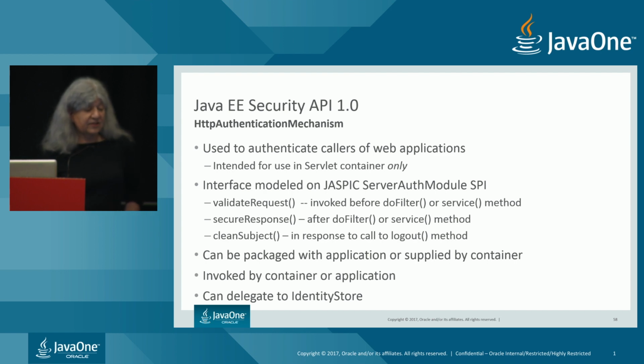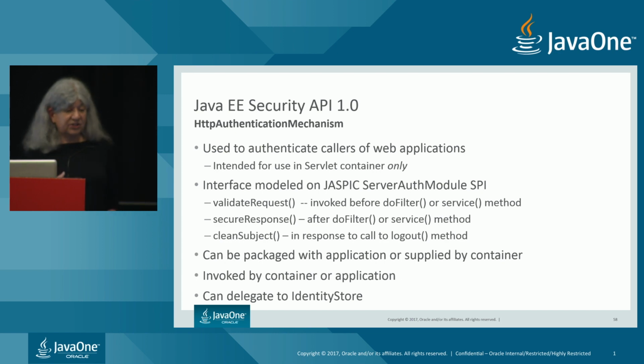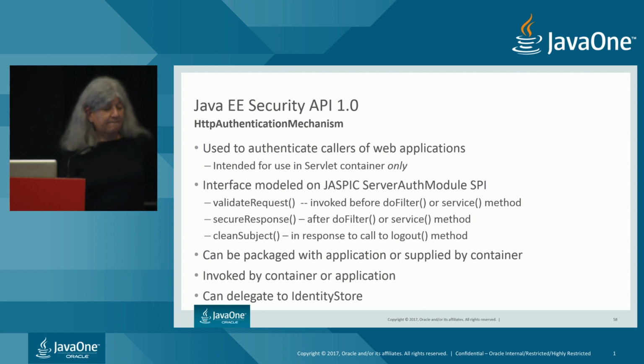The key methods of this interface are validate request, which is provided to allow the caller to authenticate. This is called before the doFilter or service method, so you can extract information from the HTTP header or the request parameter and so on.